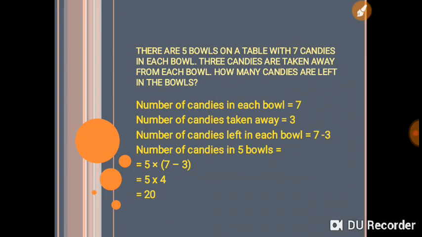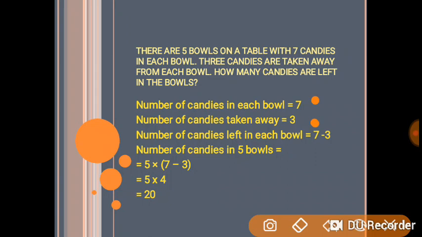Let us look at one more example. There are 5 bowls on a table with 7 candies in each bowl. 3 candies are taken away from each bowl, so how many candies are left in the bowls? Here the number of candies in each bowl is 7 and the number of candies taken away is 3.